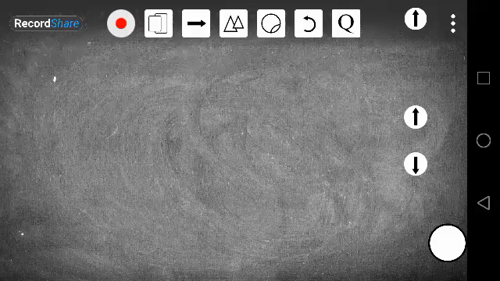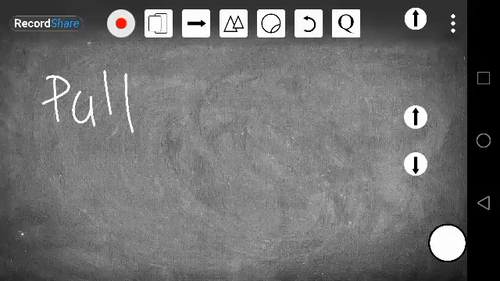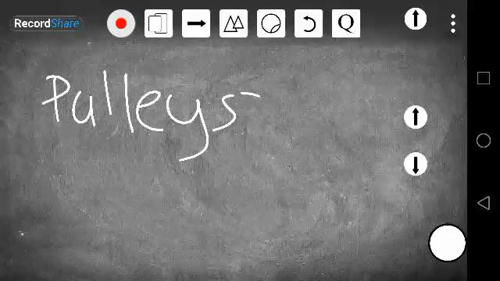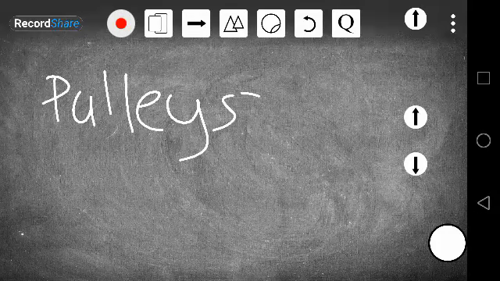Now we move to pulleys. These are grooved wheels mounted on a block, and a rope passes through the groove, and it is used for changing the direction and size of the effort required.